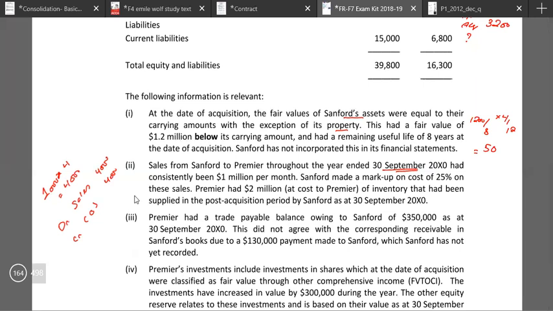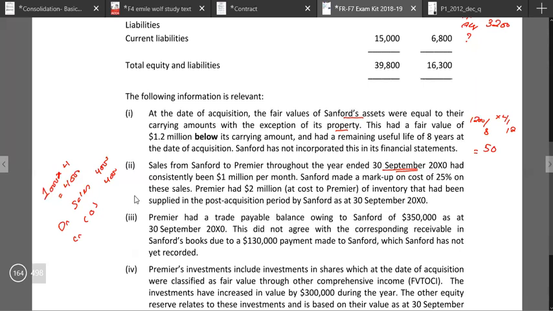Sanford made a markup on cost of 25% on these supplies. Premiur had 2 million of the inventory that had been supplied in the post-acquisition period as at 30 September 2020. Okay, so now we need to calculate the unrealized profit.